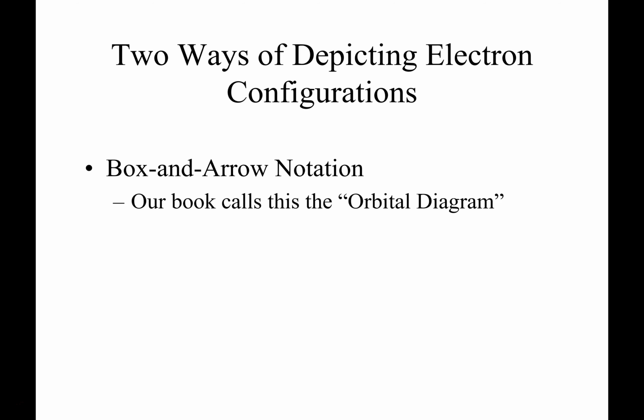Now, as I've been doing, this is a box, and I'll show you arrow. This would be box and arrow notation. If I put 2 electrons in there, of course I'm talking about a neutral atom, 2 electrons, you're talking about helium. So that's the box and arrow notation of the way those 2 electrons around a neutral helium atom are hanging out.